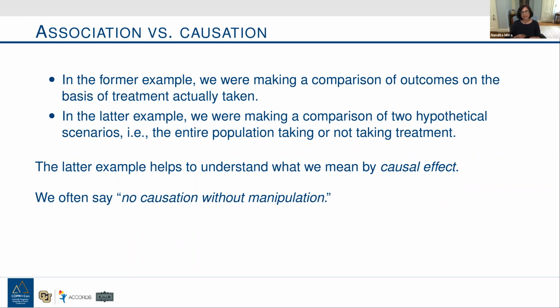And this example helps us to understand what we actually mean by a causal effect, some exposure actually causing some outcome. So we often say that there's no causation without manipulation. So here the manipulation is that we are taking people who are, say, treated, and then we're manipulating things so that they're no longer treated. And then we compare their outcomes.